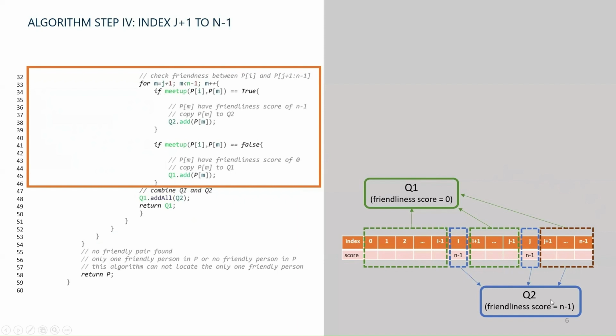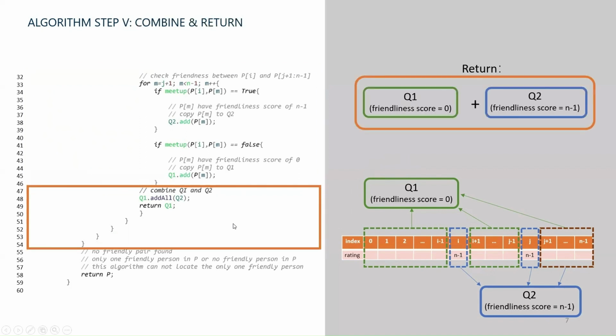We'll copy it to Q2. Otherwise, if it returns false, its friendliness score is 0, then we copy it to Q1. So after this step, we have copied everyone in P to either Q1 or Q2. In this last step, we simply combine Q1 and Q2: we attach Q2 after Q1 and return.